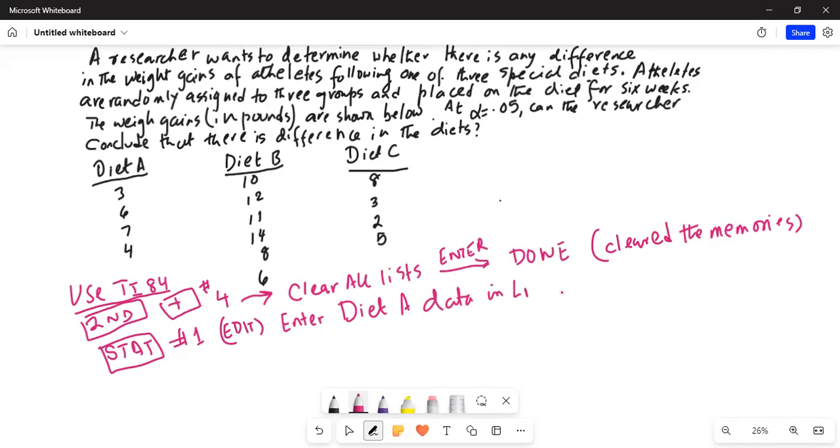Okay. So when we are done with entering the 4 data points in L1, we will press the right cursor key.